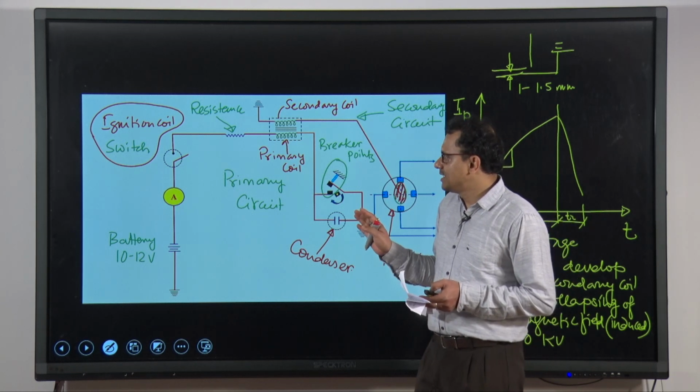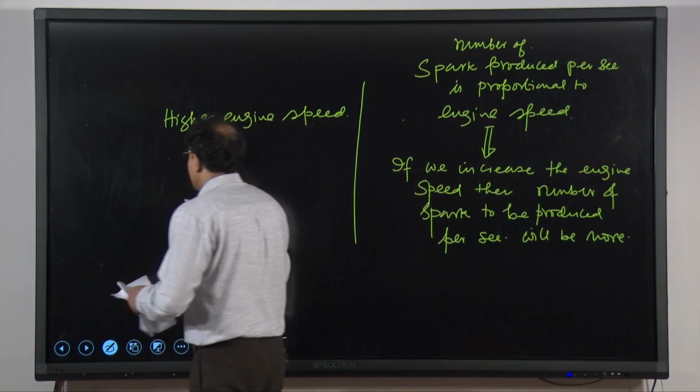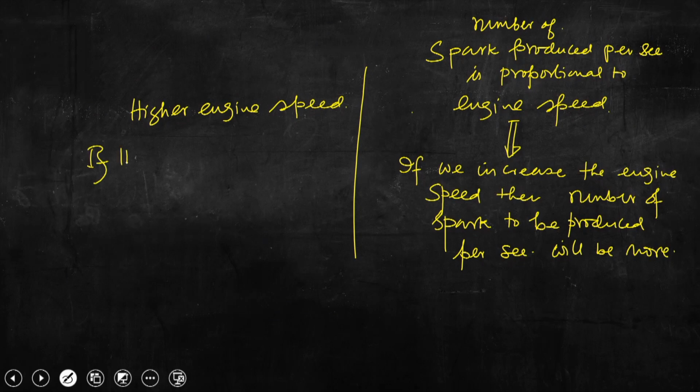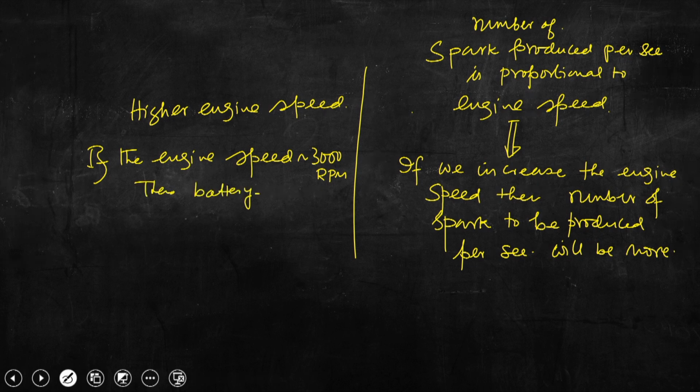So, if the engine speed is up to 3000 rpm, then the battery ignition coil is reliable as well as cost effective.